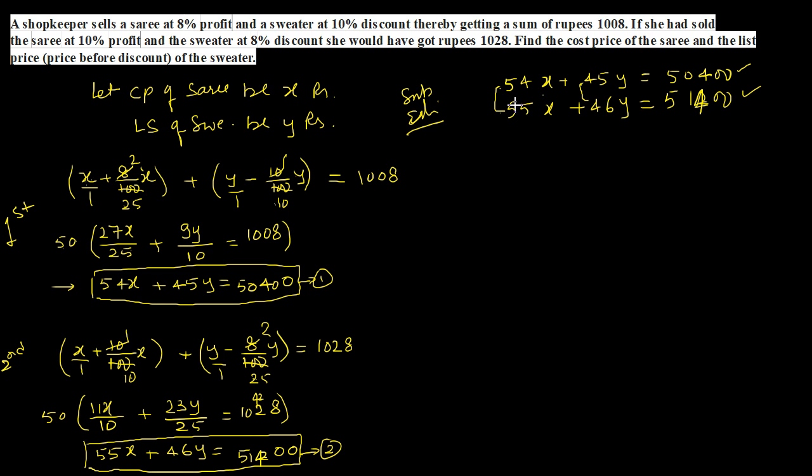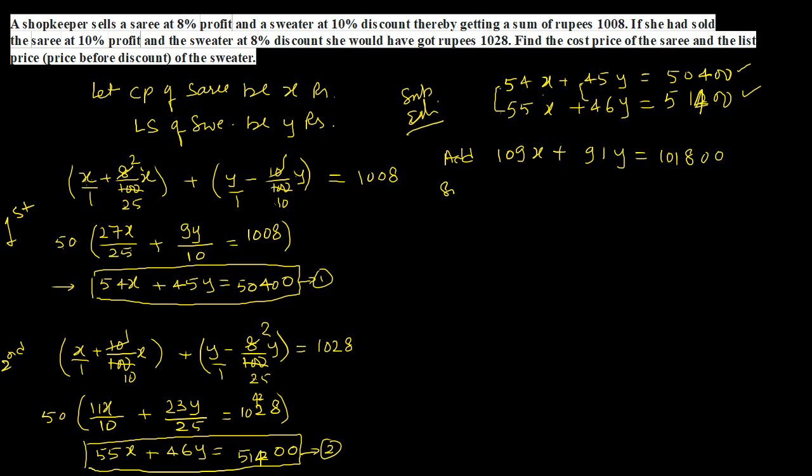If I add this, I know it's going to be a bigger number, we'll see if we can divide that. If I add, this will be 109x, plus 91y, equals 101,600. So that's my added equation. This is by adding.